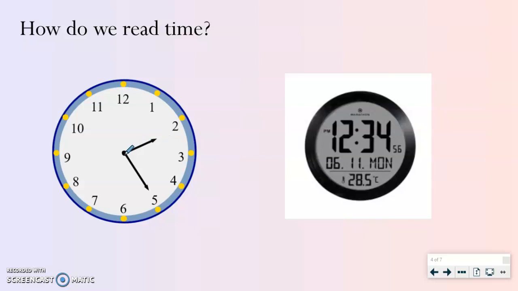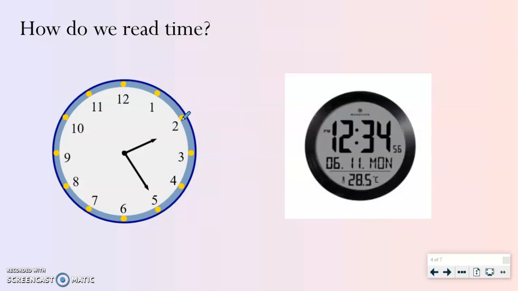Not always will it be pointing directly at a number, but you would always read the number that it is closest to, that it has already passed. Okay, and so this one here would be 2, the hour would be 2, and then for the minute hand, when you go around the clock, if you start at noon, that's 0, and then you would count by fives.